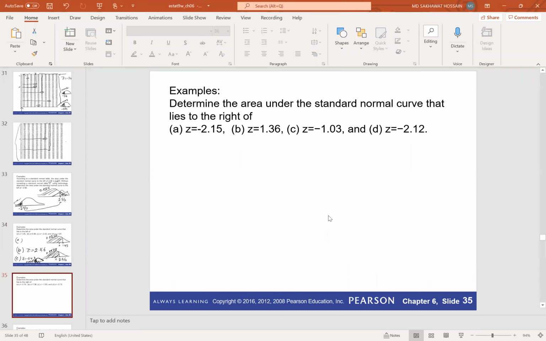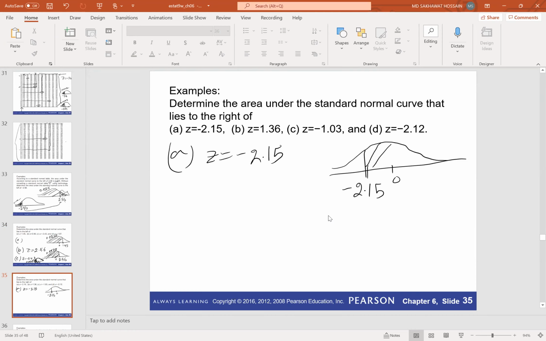So this example: determine the area under the standard normal curve that lies to the right side. In the previous example, we found the area to the left side of the z-score. Now we'll calculate the area to the right side of the z-score. The first one is z equals negative 2.15. This is 0. This is negative 2.15. We need to find this area. So let's go to the negative z table.